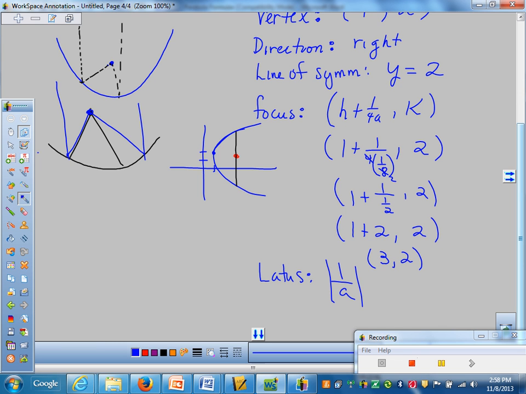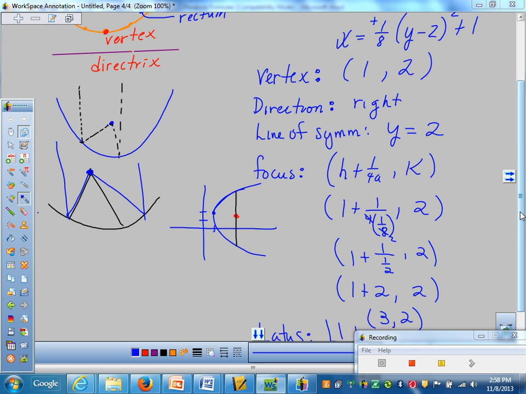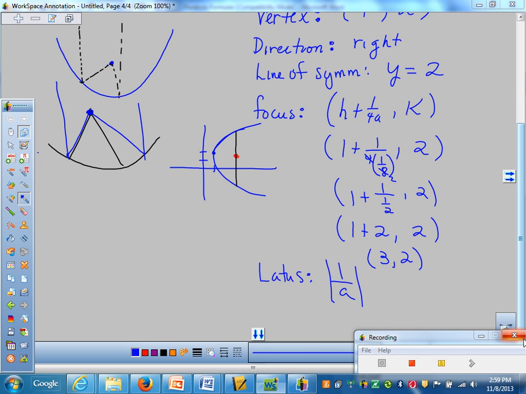Please take your a number, your 1/8. 1 over is just the reciprocal. Flip it over. What's the reciprocal of 1/8? 8. So you can write it out longhand, 1 divided by 1/8, but it's really just 8. Just flip it over. That's all you got to do to get the lattice.